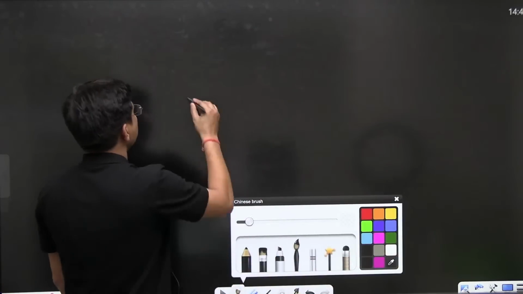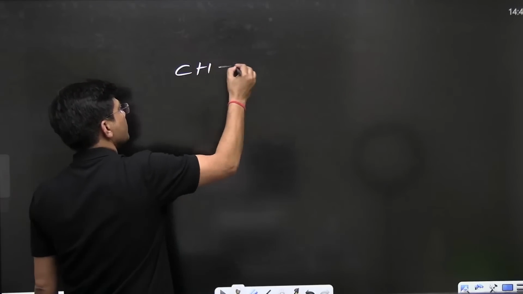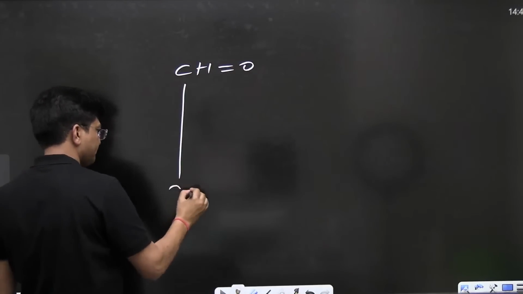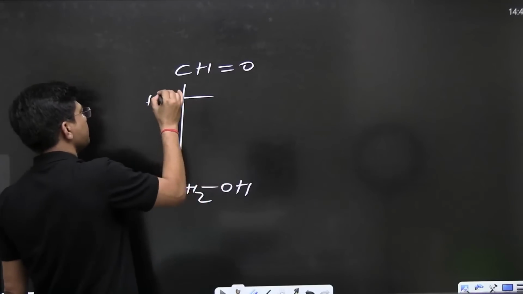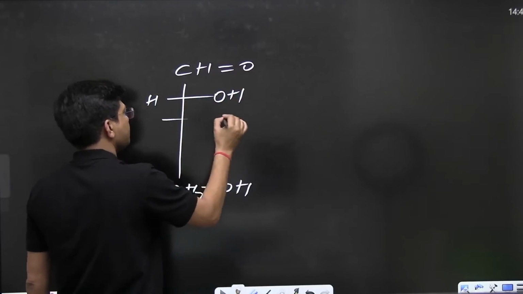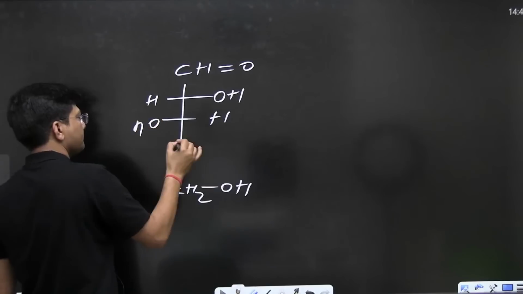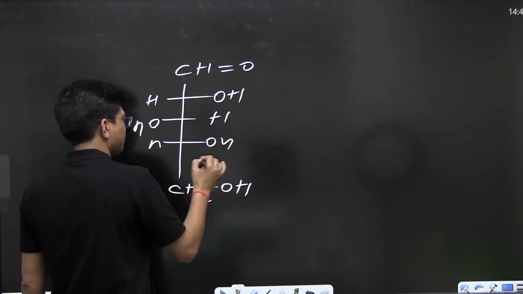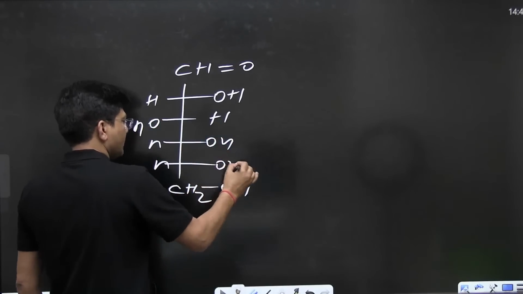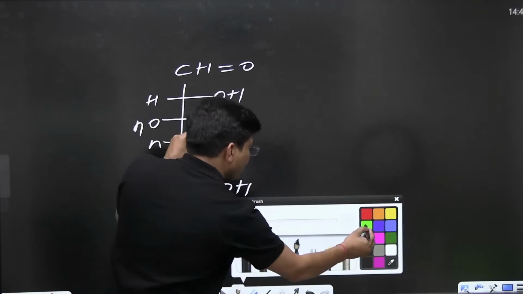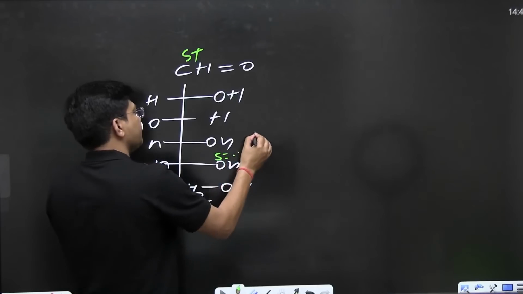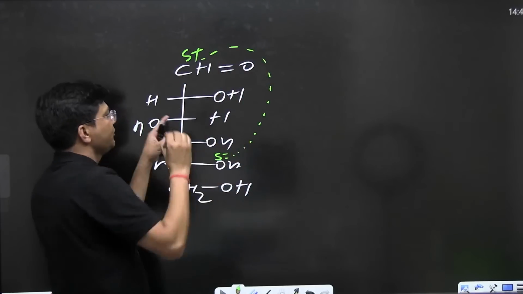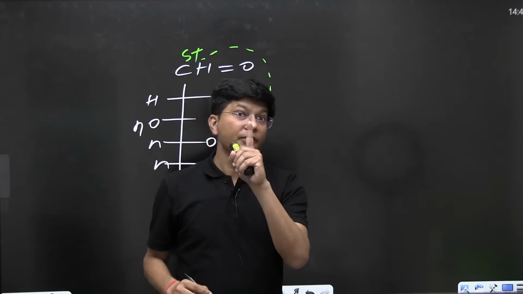This carbon is forming a ring with this carbon only, and this hydrogen is forming a ring with this carbon only. After ring formation also, this is remaining one molecule only.